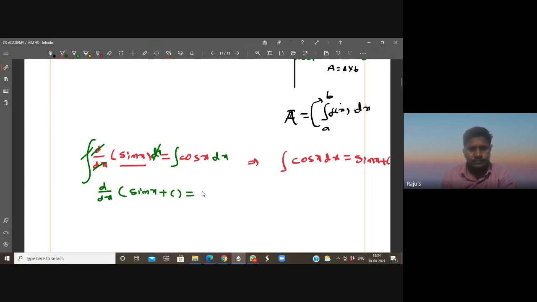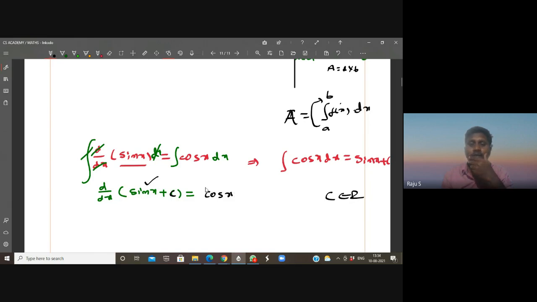Sin x plus 1, sin x minus 1, plus or minus 2, plus or minus 3, from minus infinity to plus infinity, the c value I am taking. c belongs to the real numbers. So what is the derivative of sin x plus c? The sin x derivative is cos x, but c is a constant. The derivative of a constant is 0. Clear? So it is 0.